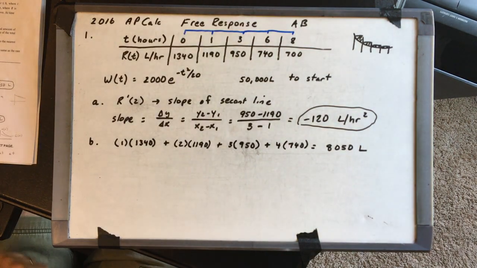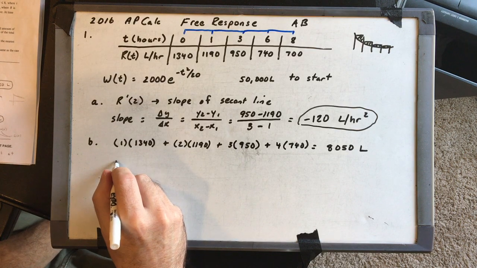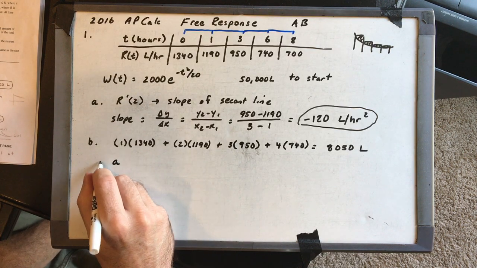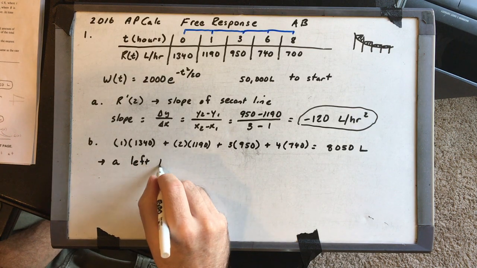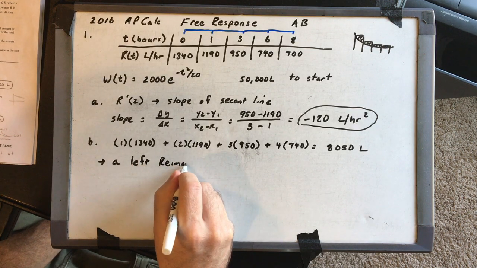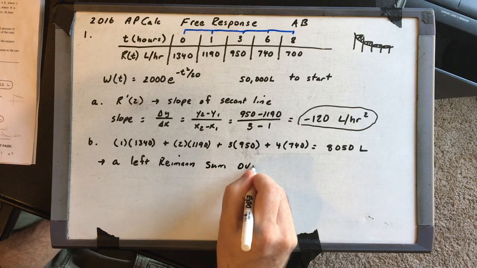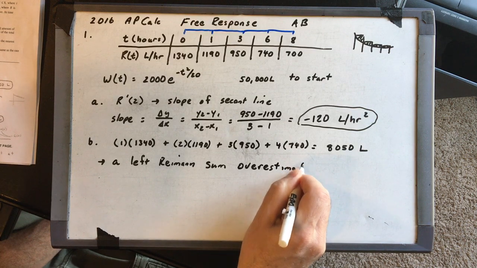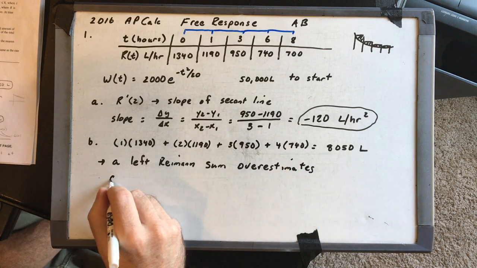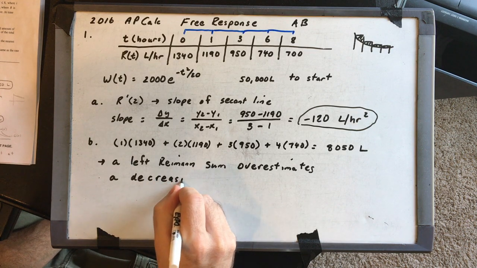Okay, so if you use the left height, your explanation is a left Riemann sum overestimates a decreasing function.